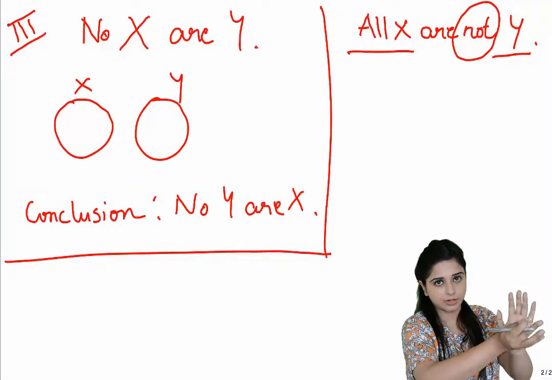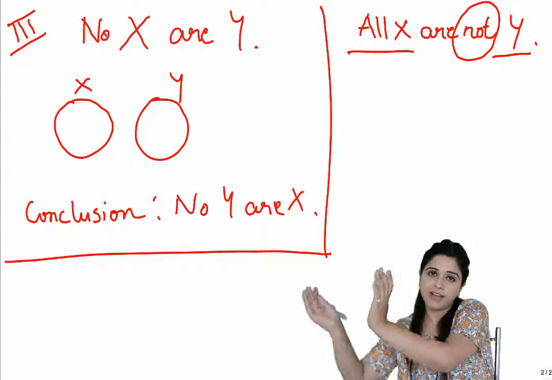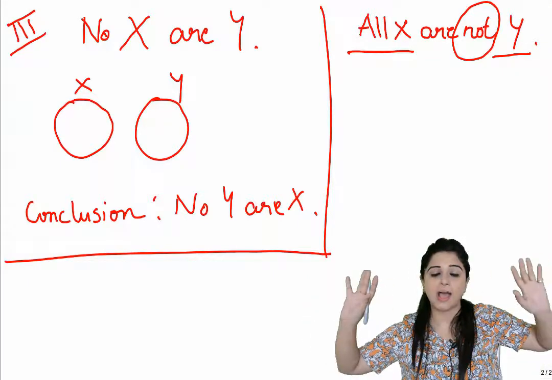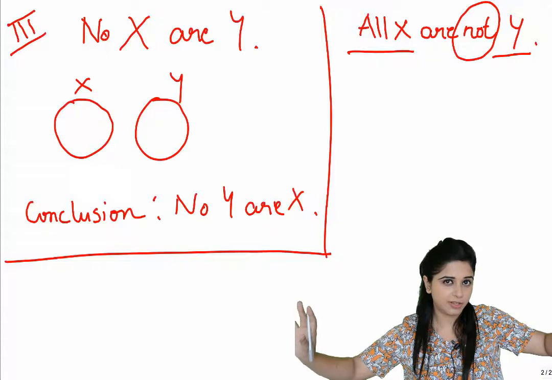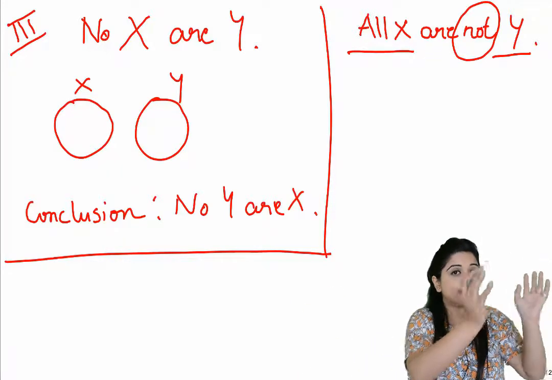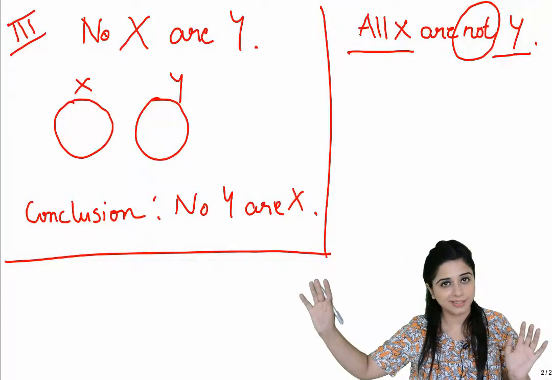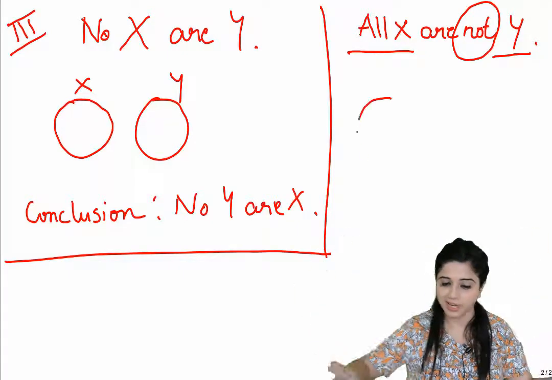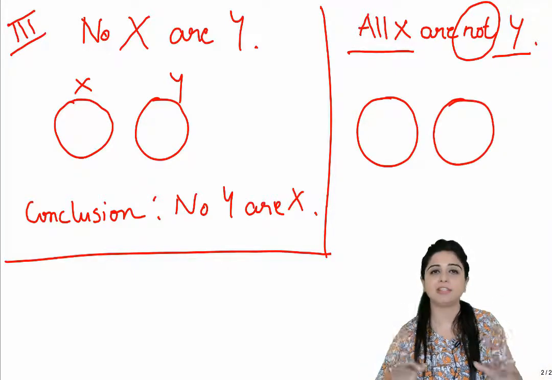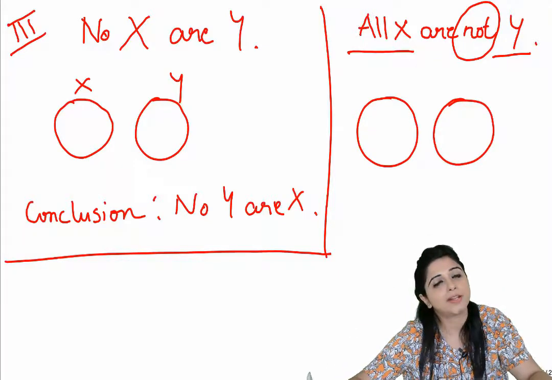This set, all of x, is not y. Y and x have absolutely nothing to do with each other. Can you feel this? All x, the entire x, is not y. What do you get? Of course, we are getting two disjointed sets. It's just a fancy way of saying no x or y. Did you understand that part?